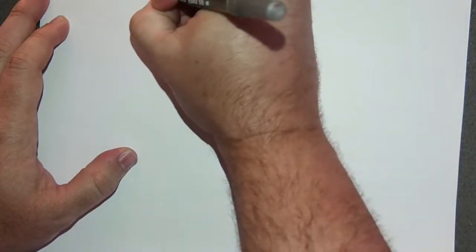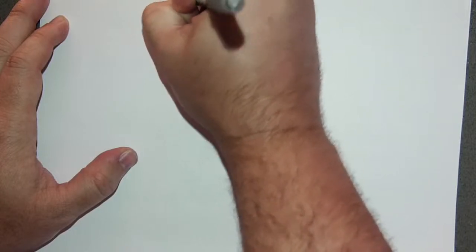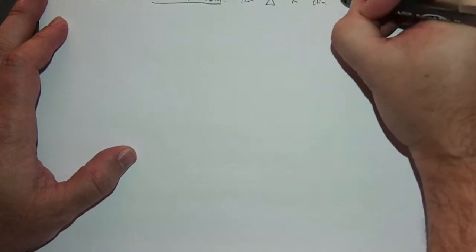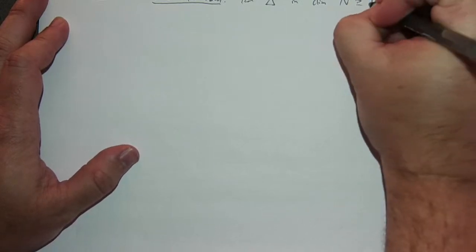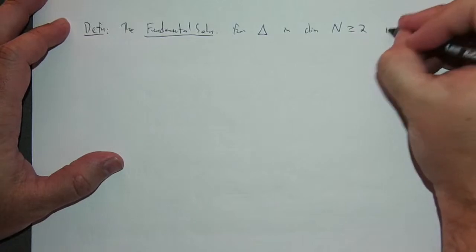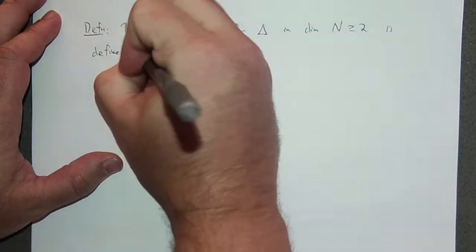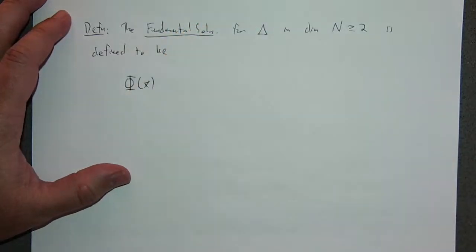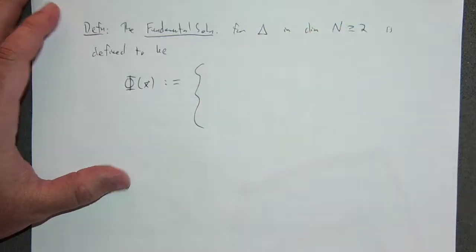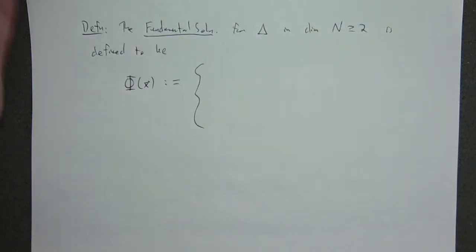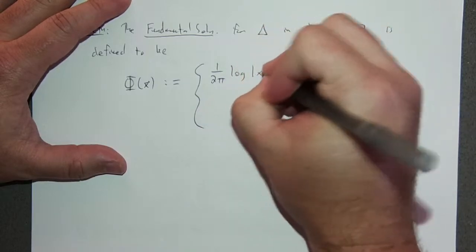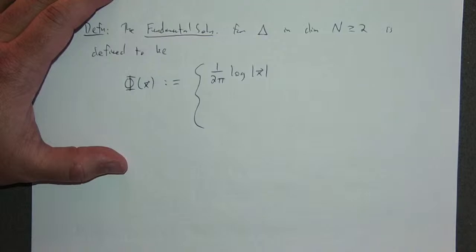So the fundamental solution for the Laplacian in dimension n, which is bigger than or equal to 2 here, is defined to be v of x, which in the dimension 2 case is 1 over 2 pi times log of the length of x.